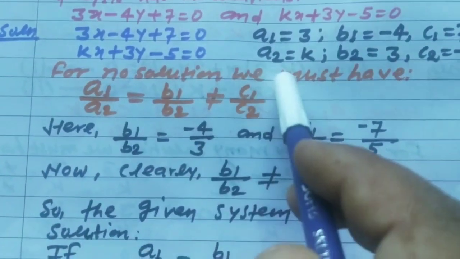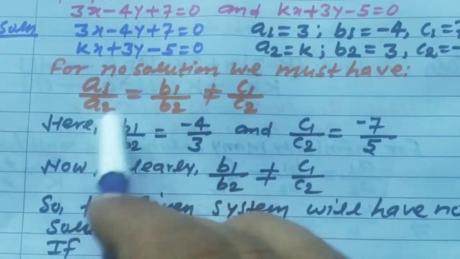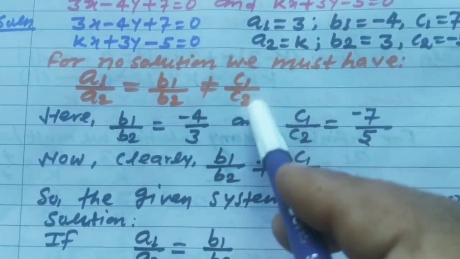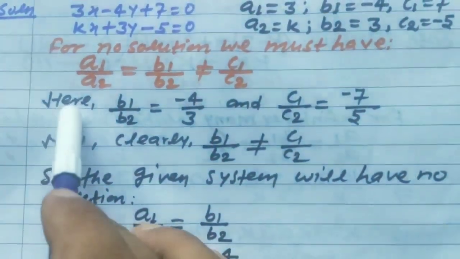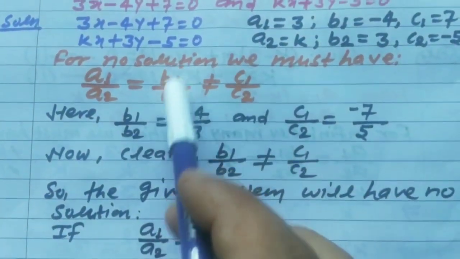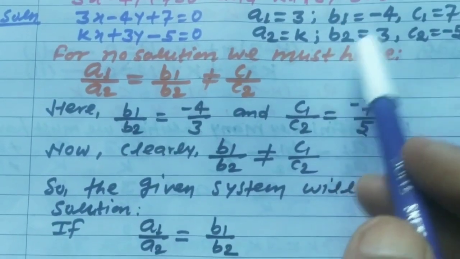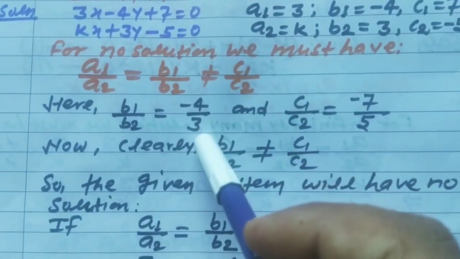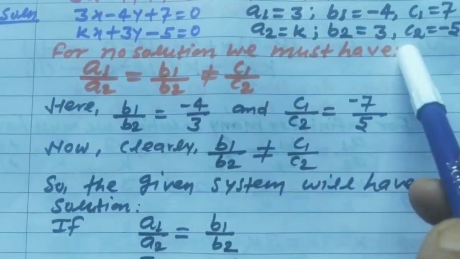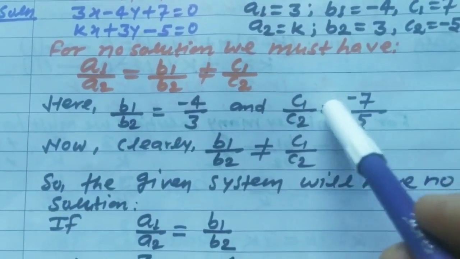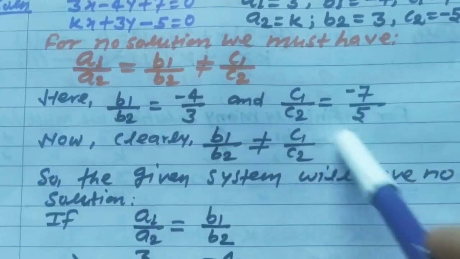For no solution we must have a1 upon a2 equal to b1 upon b2, not equal to c1 upon c2. Let us first find b1 upon b2 and c1 upon c2. So b1 upon b2 will be minus 4 upon 3, and c1 upon c2 will be minus 7 upon 5. We have taken minus in the numerator in standard form.